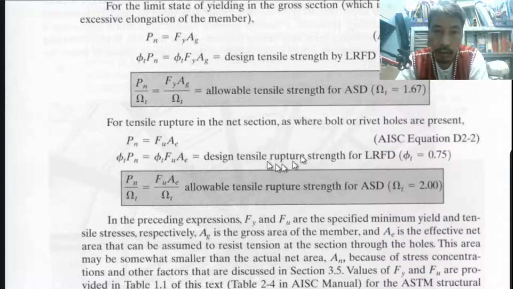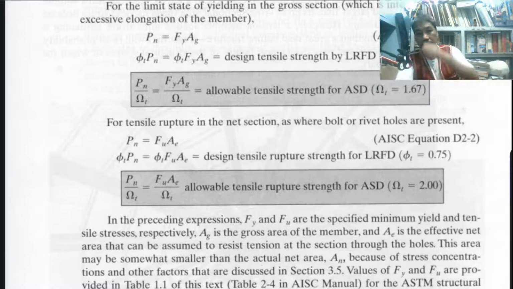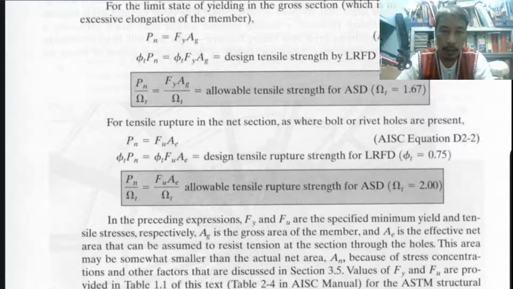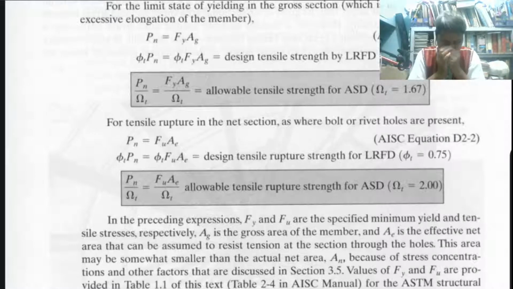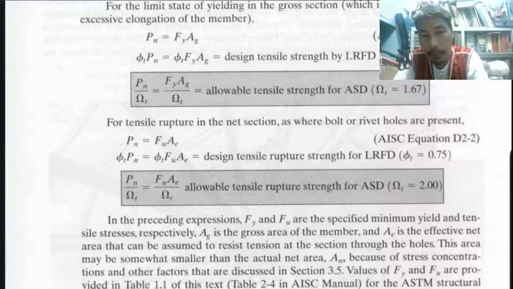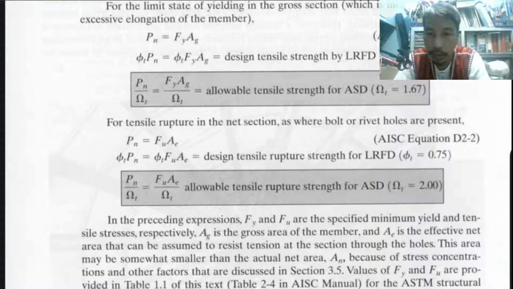When we are going to use the ultimate, we have to use 0.75. That's the difference. So the difference of using the yield and ultimate, therefore, is the difference of 0.9 to 0.75. That is for LRFD.